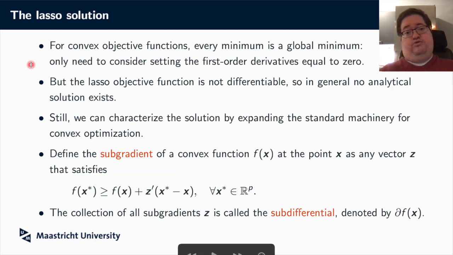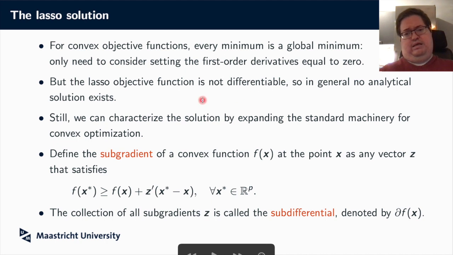So you don't have to go search over local minima, which means that you only have to consider the first order derivatives and set them equal to 0. Now, the lasso, of course, it doesn't work for that because we have a non-differentiability. The absolute value creates a problem with differentiability. So that also means that we cannot do what we did for Ridge. We cannot get an analytical solution directly.